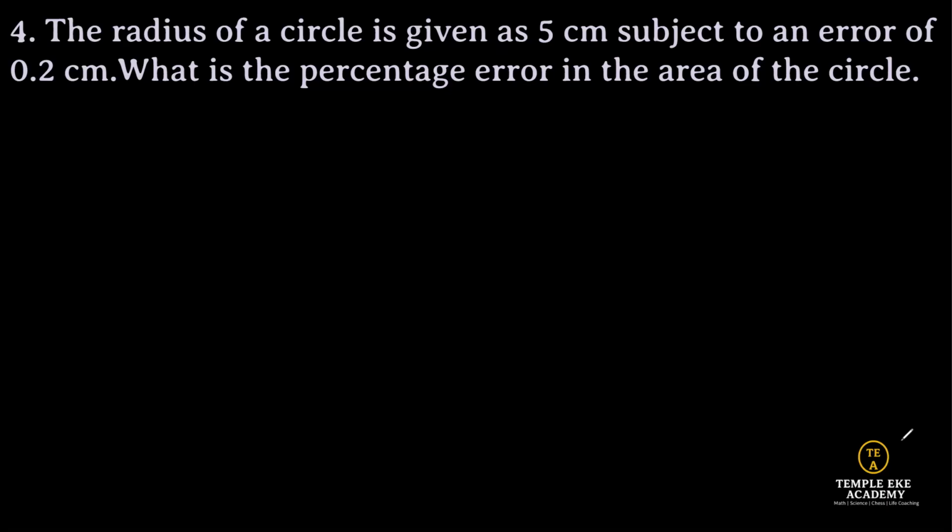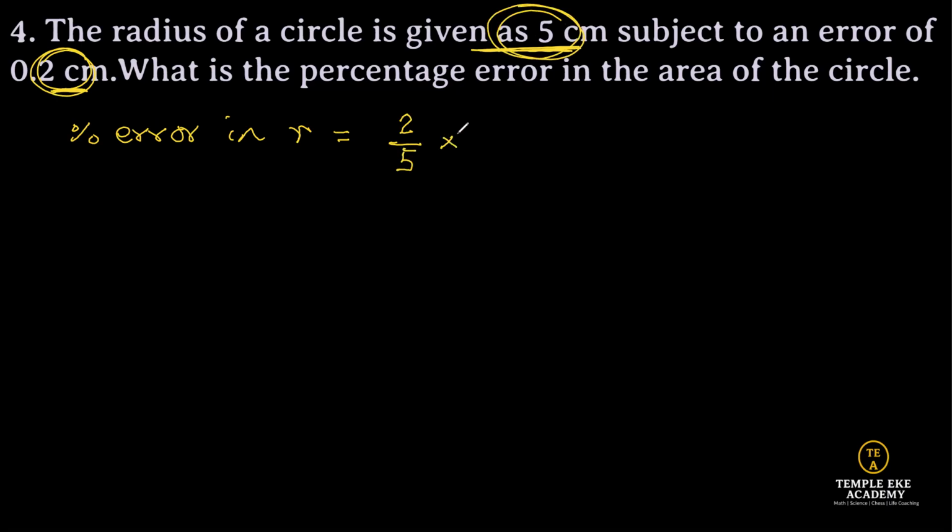So we start straight off by saying the percentage error in the radius. We already know the value of the radius, 5 centimeters, and it is subject to an error of 2 centimeters. So we can find the percentage error in the radius. Percentage error in the radius, R, is given by the error, 2 centimeters, divided by the actual value of the radius, that is 5, now multiplied by 100 to express as a percentage.